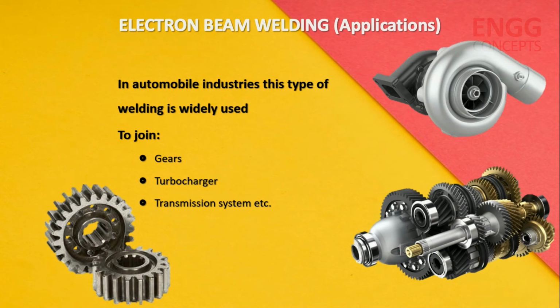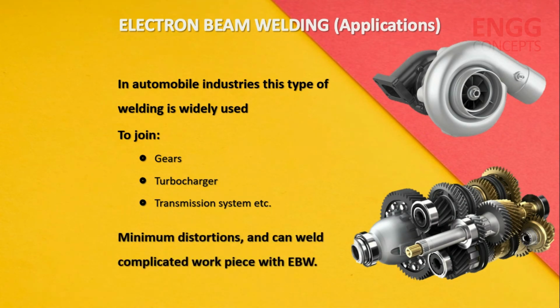Thus, the parts that are electron beam welded save time and money spent on post-processing operations. Another superpower of electron beam welding is the ability to restrict distortion to a minimal level, thus allowing easy fabrication of otherwise difficult or even impossible components.